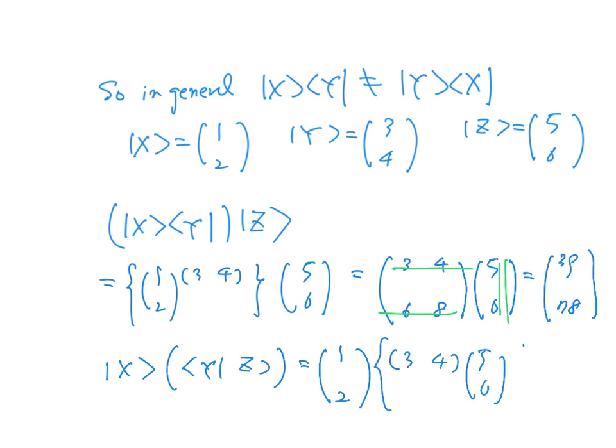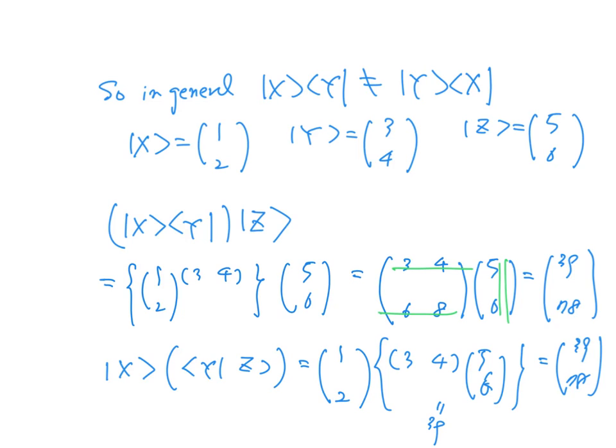So if you do this, what do you get? 15 plus 24 is 39, so it turns out 39, 78. So this is very simple but very interesting property of the inner product and outer product.